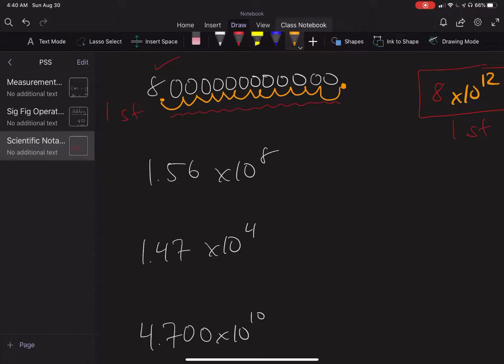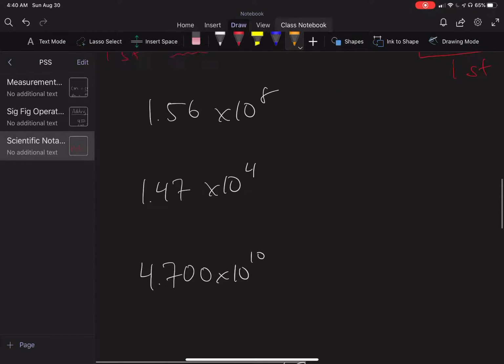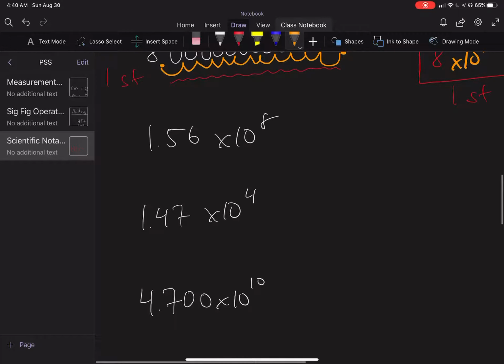So now we're going to do a few examples where we're going the other way. We're starting in scientific notation and we're converting it into a regular number. These 3 examples here all have a positive exponent, which means we're going to make the number bigger. So 1.56 is going to turn into some large number, like 1 million something. But let's work through it and see what we have to do. So here's our decimal.